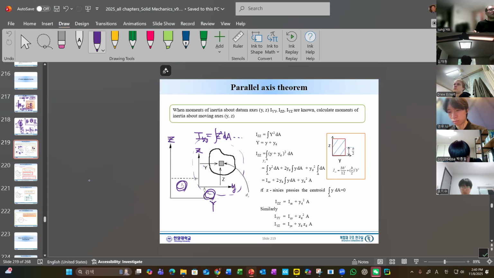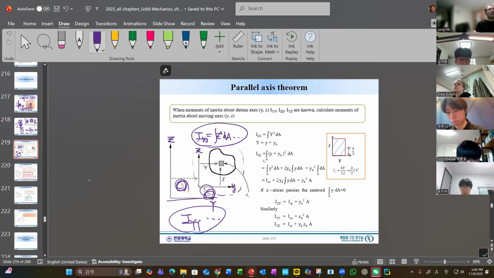We would like to calculate Iy with respect to this coordinate, and so on. So we have a moment of inertia in one coordinate system, and how do we calculate the moment of inertia in another coordinate system which has the distance of yd and zd?